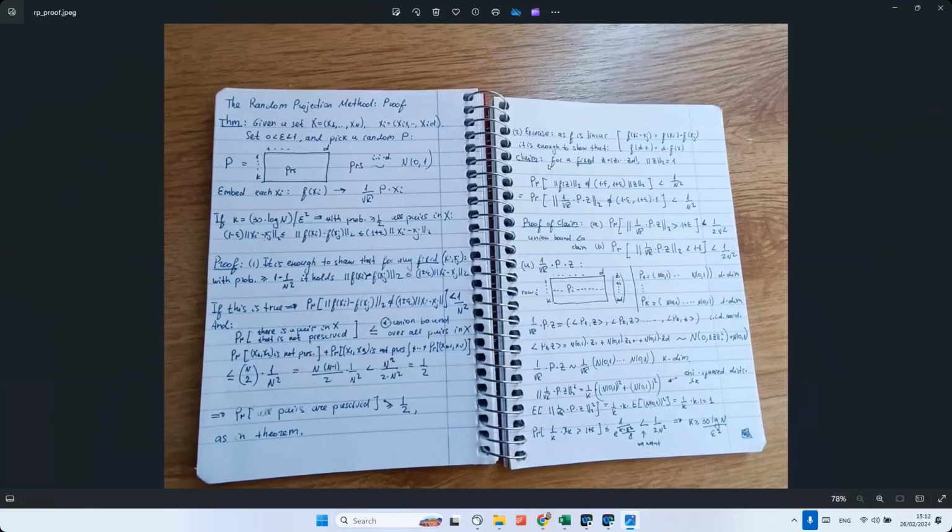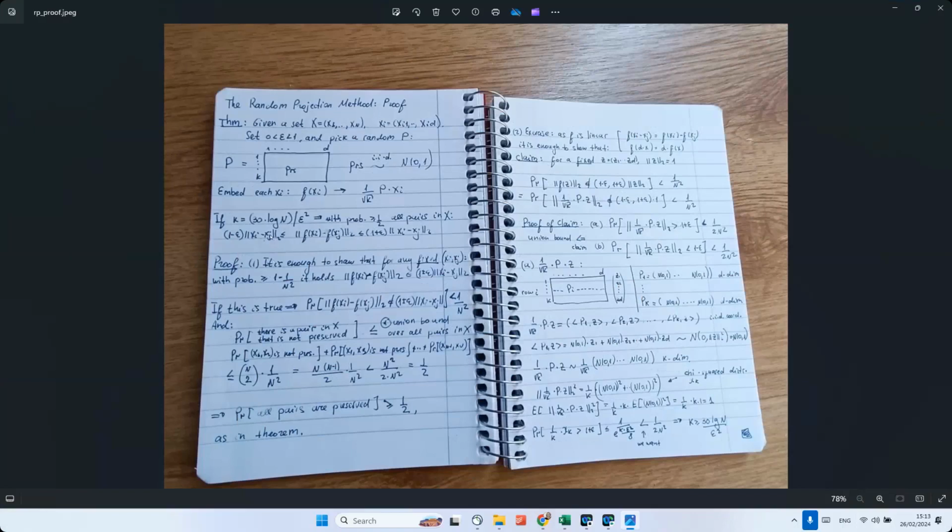These entries can be very large, but the property of the normal distribution is that it is concentrated around its mean, around 0. Meaning that most of the time, if we pick numbers from this distribution, we will be somewhere close to 0, a little bit around plus or minus 1. So most of the time we will not get really huge entries here.